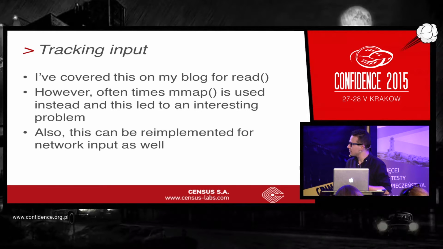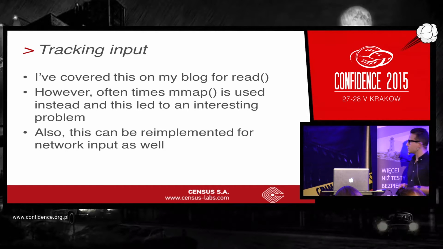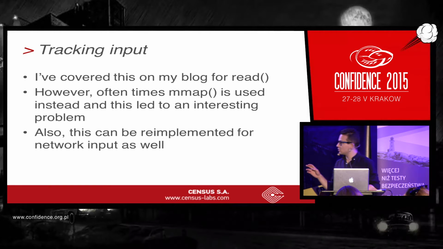It's faster. So I did that for mmap, and an interesting problem arose in OS X and DTrace particularly. And of course, you can track any input, so the same idea can be done for network input to implement basic sniffer capabilities.